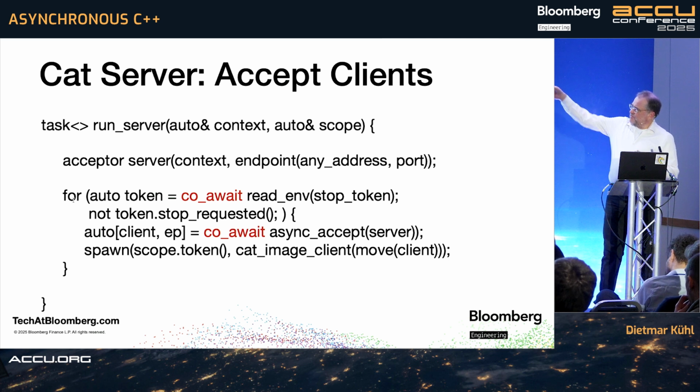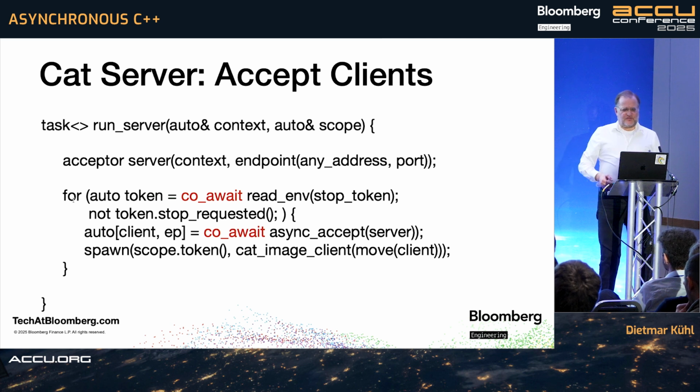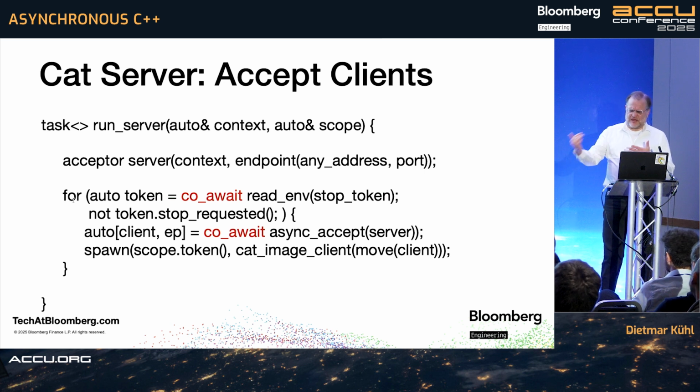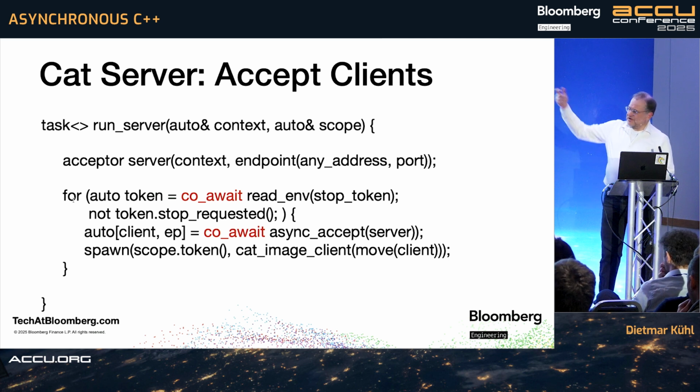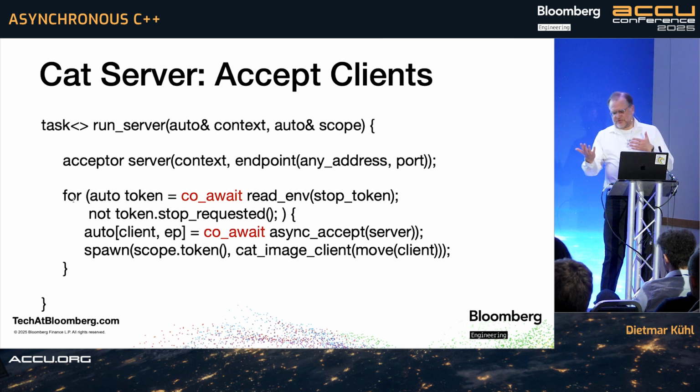In my for loop, because I'm somewhat live over here, every time I get a new connection accepted, I could check a token. There's already an algorithm in the standard library called read_env, which basically looks at the environment.